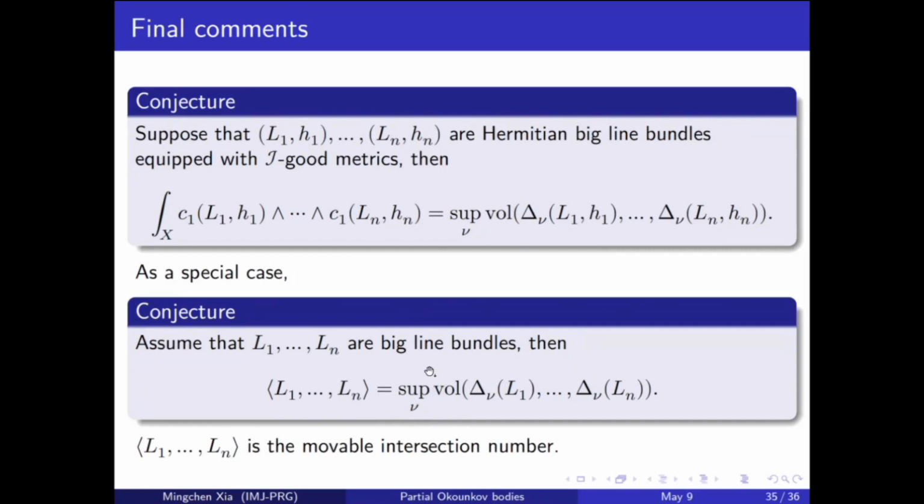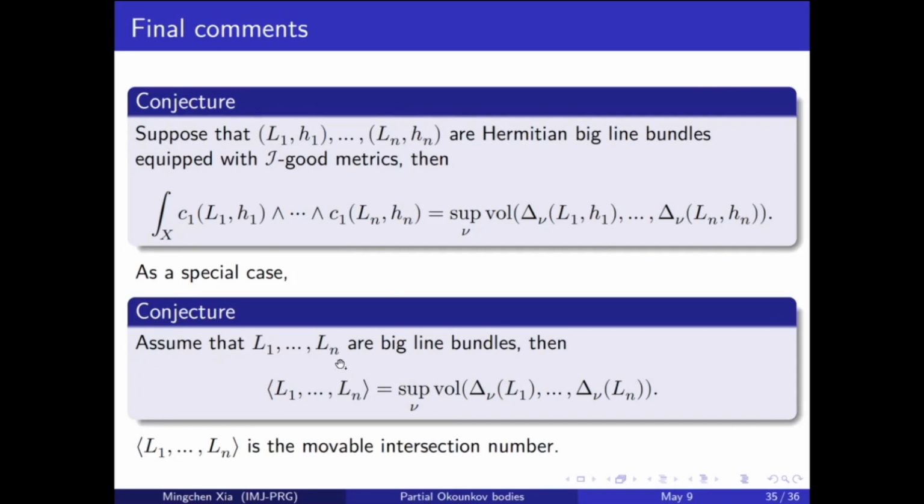And the conjecture seems to be reasonable because, by the theorem of Lazarsfeld-Mustață and Kaveh-Khovanskii, the Okounkov bodies are universal invariants of our line bundle. But we also know that the movable intersection number depends only on the numerical class of these line bundles.